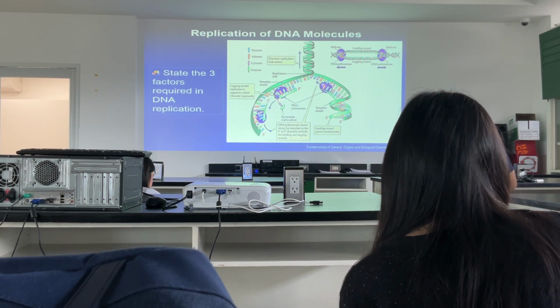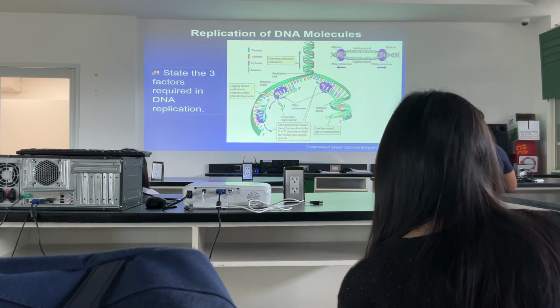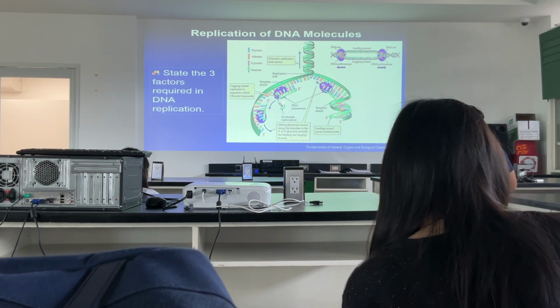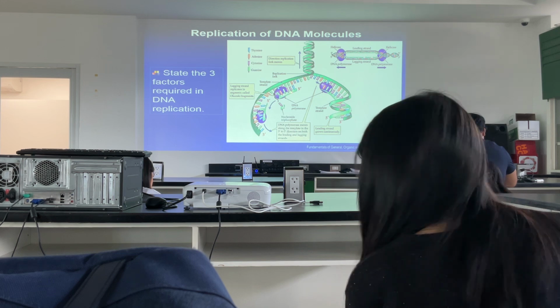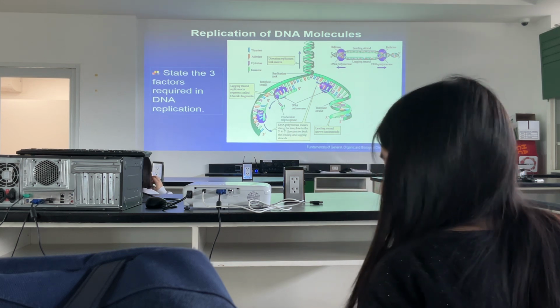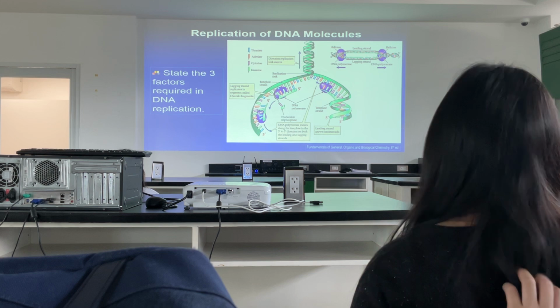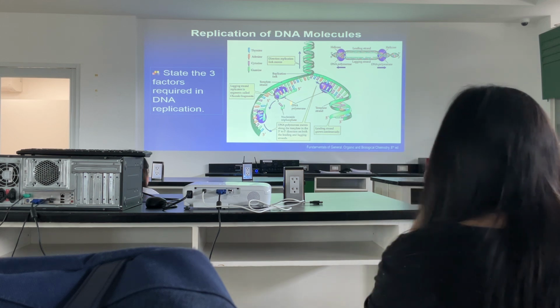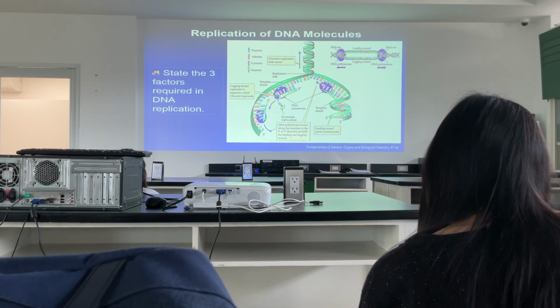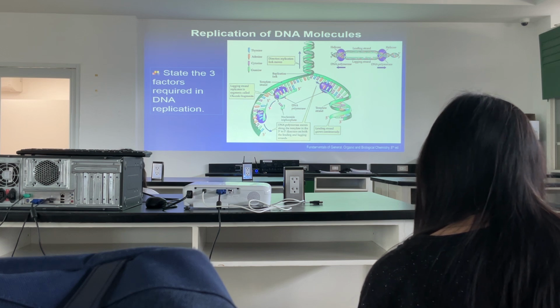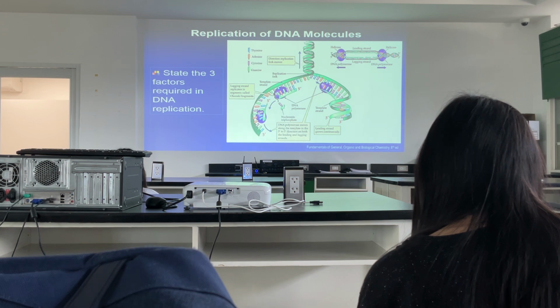If the nucleotide chains come in fragments, they need to be connected to one another. The enzyme responsible for closing the nicks, the breaks in between nucleotide chains, is DNA ligase.